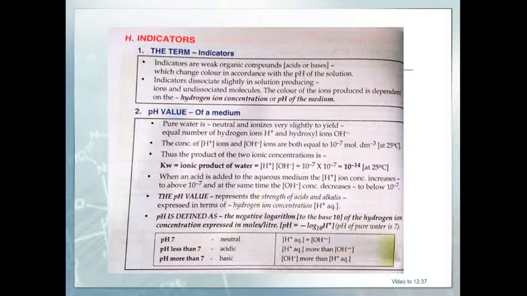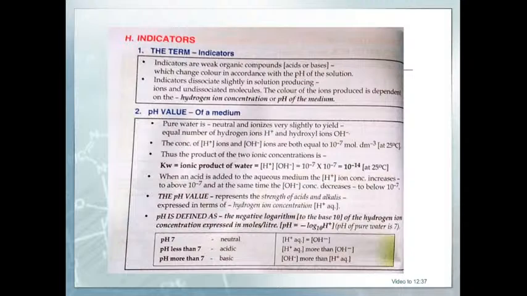right? Because both contain how much concentration of H plus ions? 10 to the power minus 7 mole per decimeter cube at room temperature, right? Thus the product of the two ionic concentrations will be 10 to the power minus 14, because H plus ion concentration is 10 to the power minus 7 and the OH minus concentration is also 10 to the power minus 7.